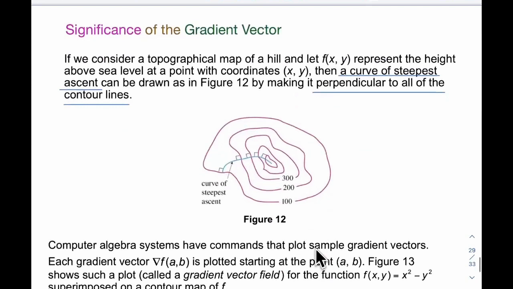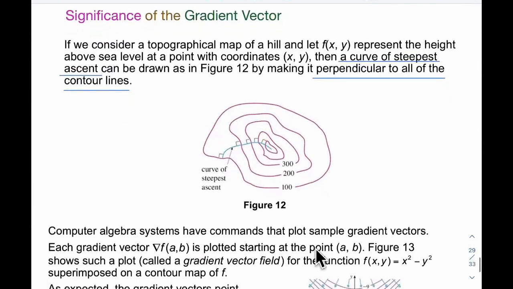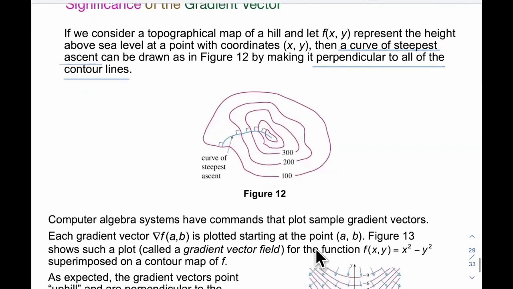Now here is a contour map. It consists of all these level curves. This is a topographical map of a hill. A curve of steepest ascent you can draw this way: start from here and draw this curve that is perpendicular to all those level curves.